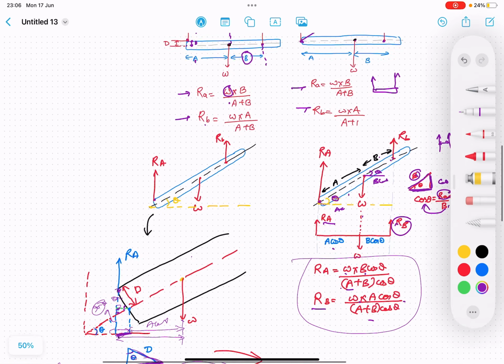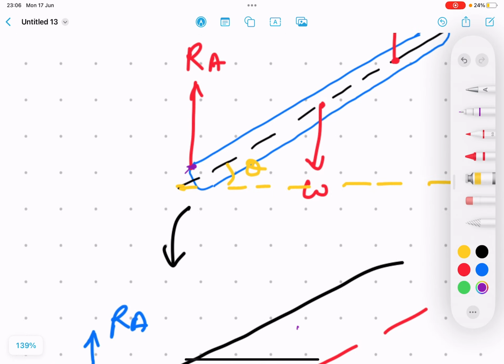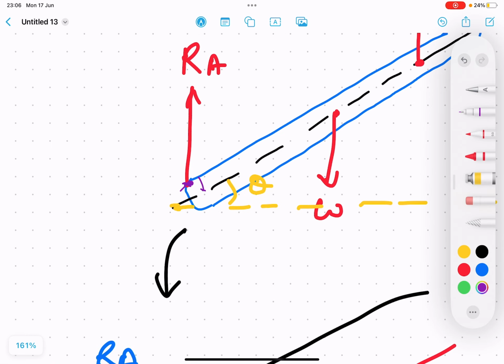Okay, so this is the case where the lifting point is at a distance d. As theta increases, load on the assisting crane or the tailing crane decreases, and load on the main crane keeps on increasing. This is the case over here.